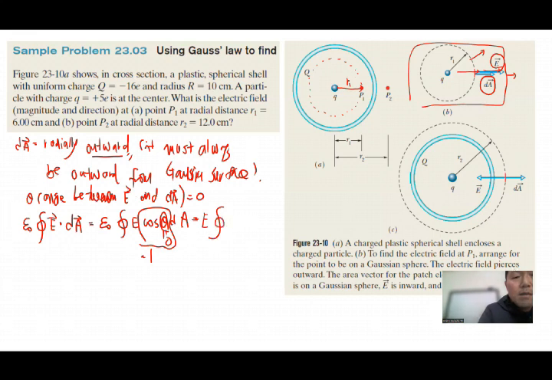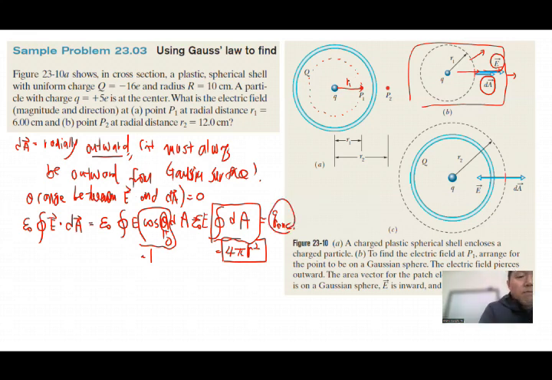The integral of dA is the surface area of a sphere, which is 4 pi r squared, with r the radius of the sphere. So epsilon naught times E times 4 pi r squared is the same as the net charge inside the Gaussian surface.